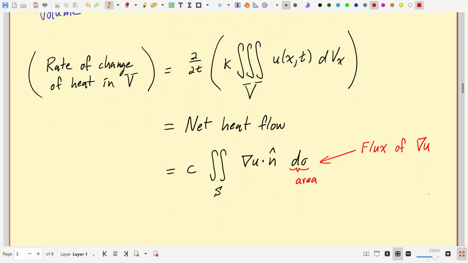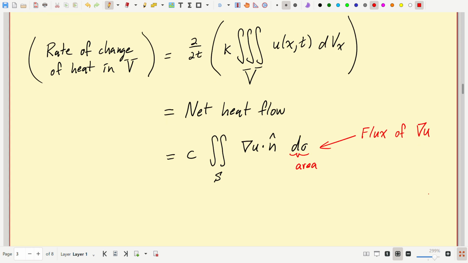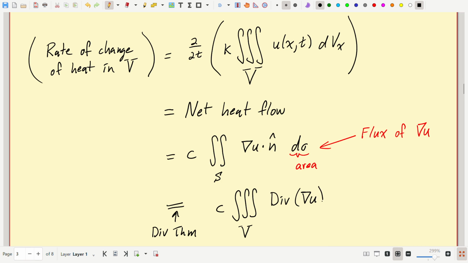And now this is a moment where Gauss's law comes into practice, or the divergence theorem. The divergence theorem would say that that flux is equal to, constant just floats along, the triple integral over V of the divergence of the gradient of u dV. And of course the divergence of the gradient of u is the Laplacian.